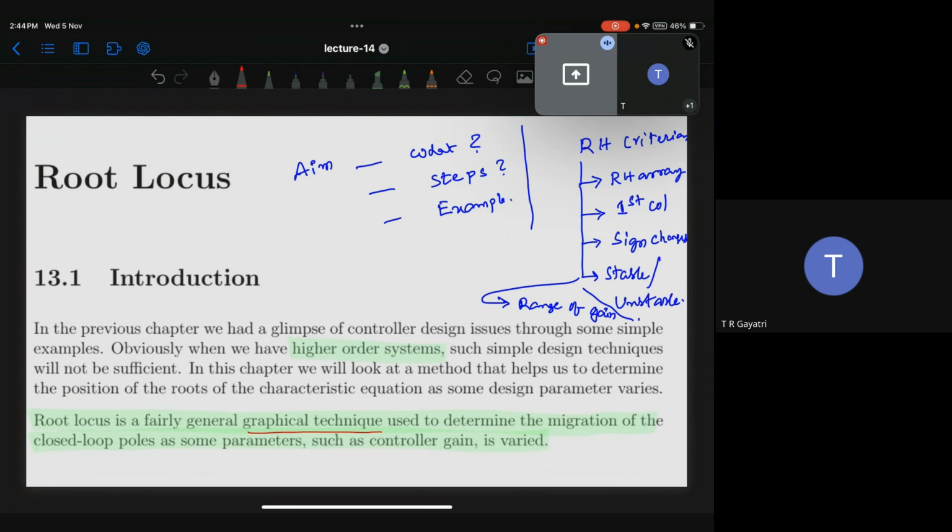As you change the controller gain k, the pole locations are going to change. The root locus technique shows all the paths of the roots when you change the parameter. You'll see that through an example clearly.